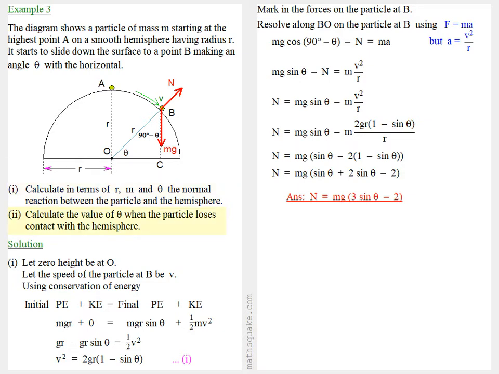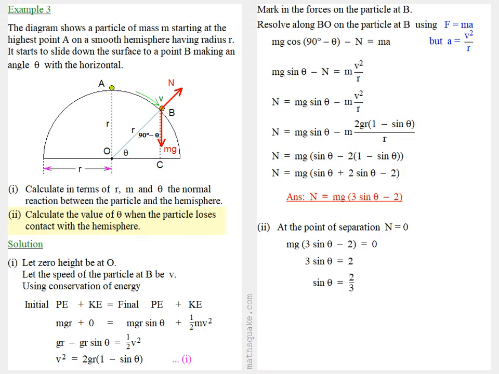Now in part 2, we're asked to calculate the value of theta when the particle loses contact with the hemisphere. Now, at the point of separation, N is equal to 0. So that means mg into 3 sin theta minus 2 is equal to 0. And if we divide by mg, that leaves 3 sin theta is equal to 2.